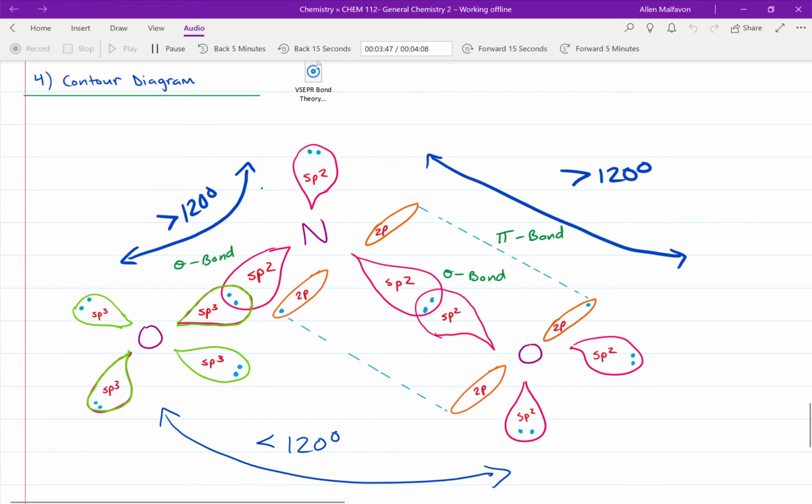So that angle, which was once 120, will now be diminished to less than 120, making this a bent shape. So we would say that nitrite has electron geometry that is trigonal planar, while its molecular shape appears to us to be bent.